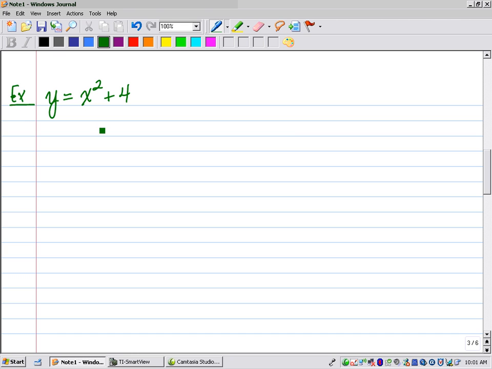Well, the basic function, hopefully you can recognize this, is x squared. So our basic function is y = x². What then would be the effect of y = x² + 4? In other words, how would the graph of this compare to the graph of y = x²?